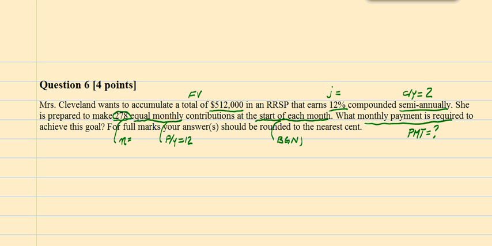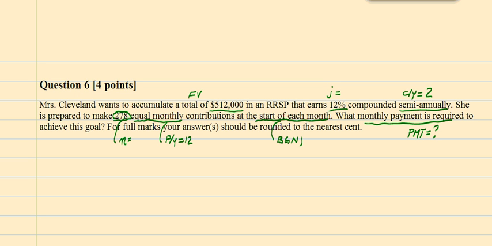Question 6. Cleveland wants to accumulate, so therefore it's future value of 512,000, and the interest earned is 12%, so that's J, compounded semi-annually, that's C over Y is equal to 2.